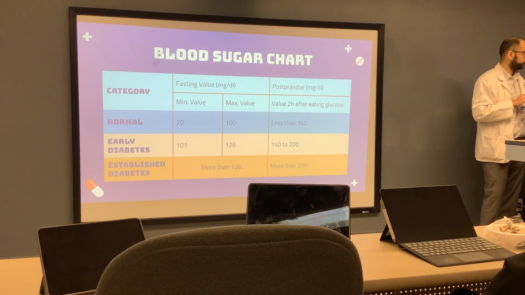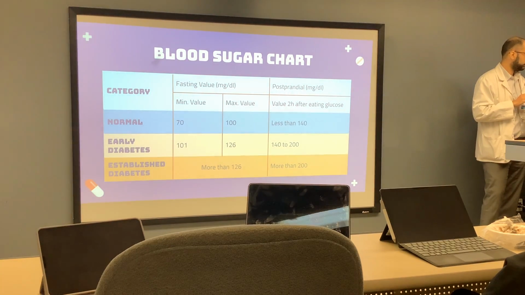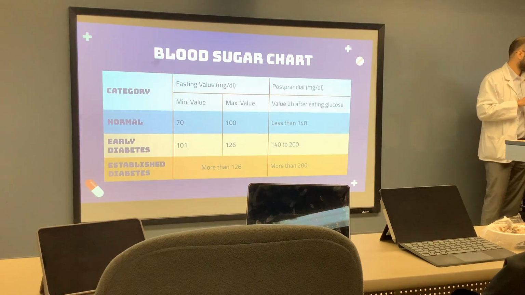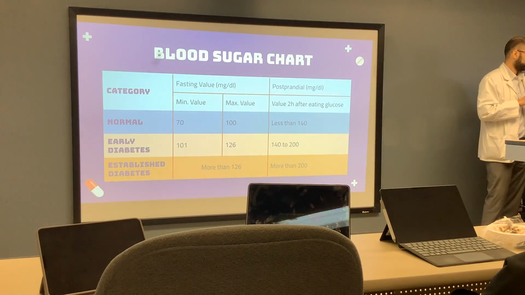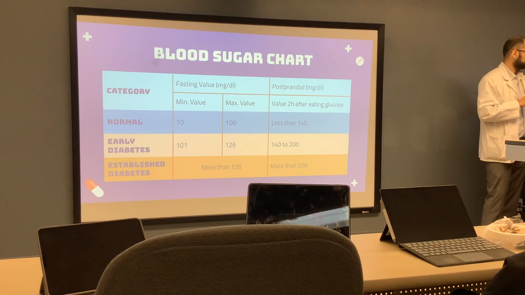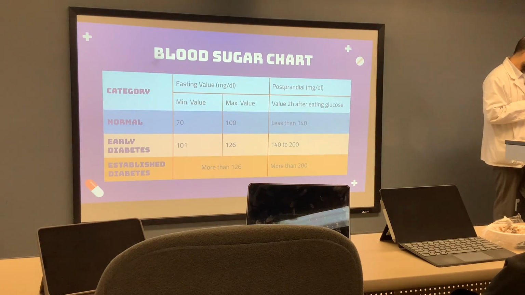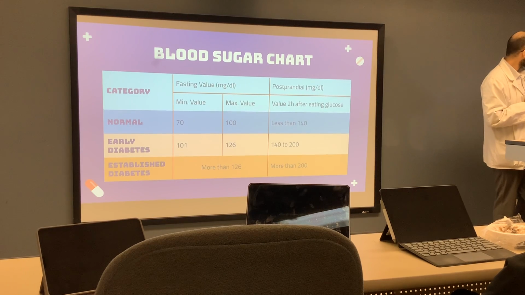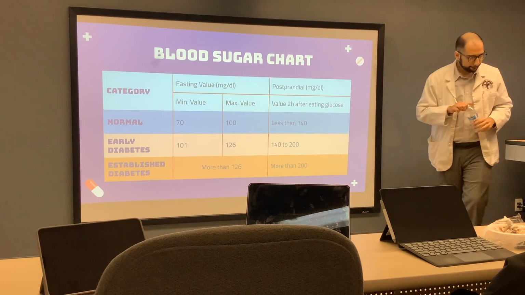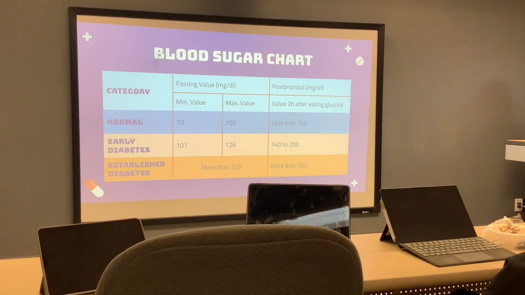If a patient's blood sugar level ranges between 70 to 100 fasting, that is considered normal. Now, if 2 hours after they start eating it is less than 140, that's also normal. But if the fasting range goes up to 101 to 126, then they're likely pre-diabetic.